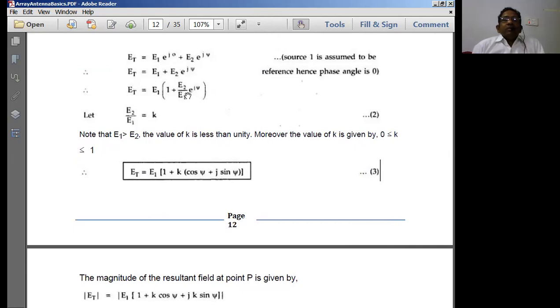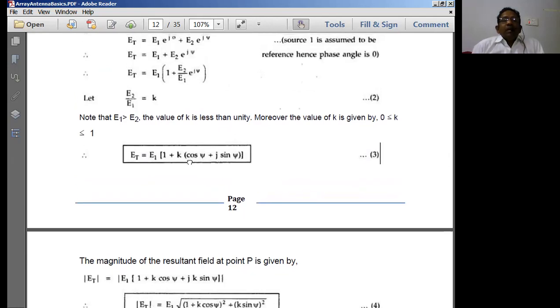Okay. So we have taken source 1 as the reference antenna, and hence the phase angle is taken as 0. It is something like whenever we draw a phasor diagram, we normally consider the 0 reference phase. With respect to the reference phase as 0, we normally represent the phases of the other signals.